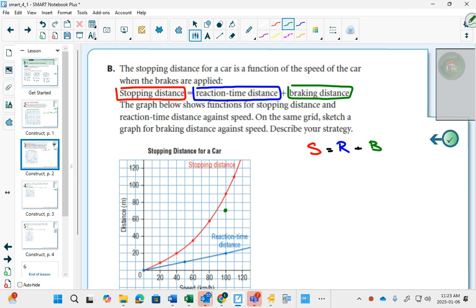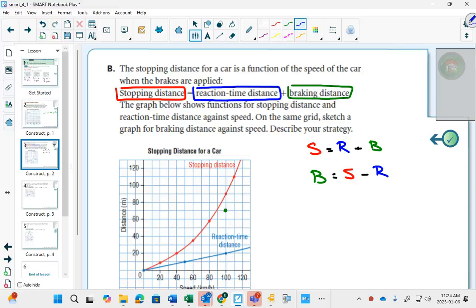Does it make sense that you could rearrange this and get the braking by itself by doing the stopping minus the reaction? And since we have the stopping graph and we have the reaction graph, to find the green graph, we have to subtract.